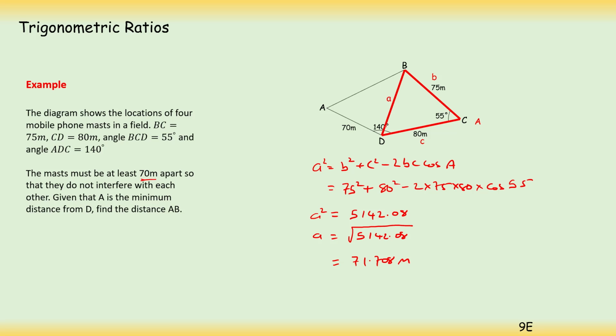So I found that length. Now, knowing that, I've got this side here. If I knew this angle, I could work that out. In order to find that angle, I'm going to try something else. Before we do that, I want you to make some notes. If you haven't written the example down, do it now, and then copy this solution. So hit pause, copy that down, and we'll look next at how to find this angle.